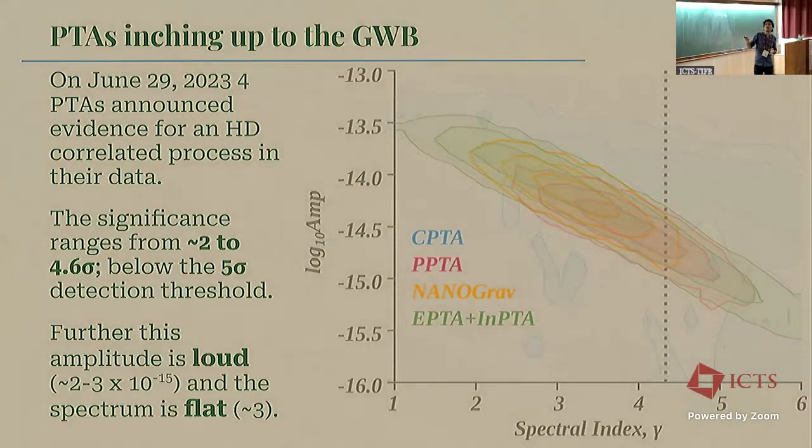So you've already seen this. This is a bit old, right? Most people in this room know, or you've already seen the announcements made last year, almost 18 months ago at this point, where we claim to have found very strong evidence for an HD correlated process in our data. And this was a claim made by 5 PTAs, although the EPTA and InPTA, we work together. So we combined our data and made the claim based off the combined data, not of the individual PTA data sets.